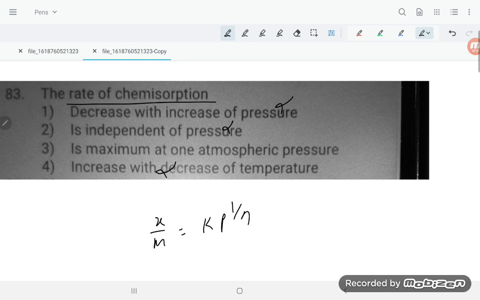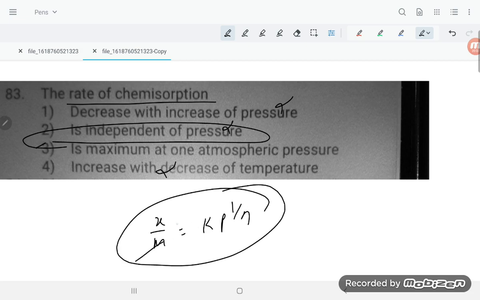Okay, so if you are going to 83, chemisorption is independent of the pressure. Chemisorption involves the formation of chemical bond between adsorbent and adsorbate, and hence rate is independent of the pressure. So the rate is not depending on pressure.